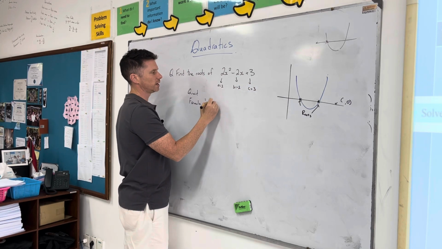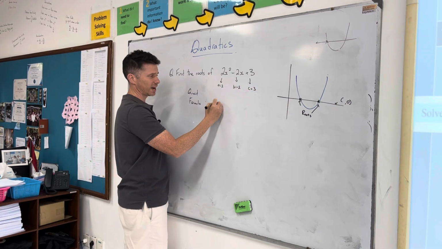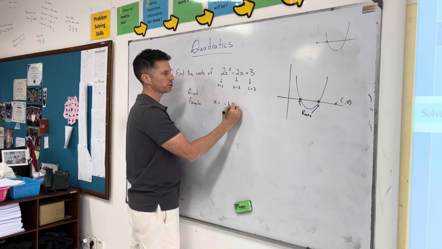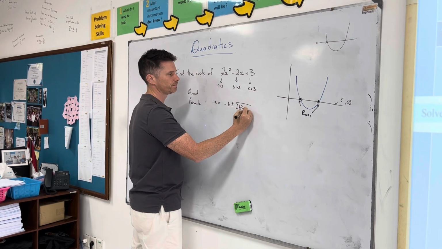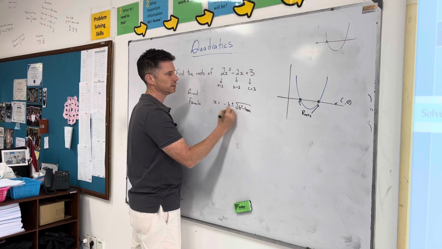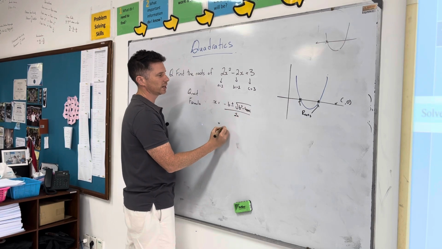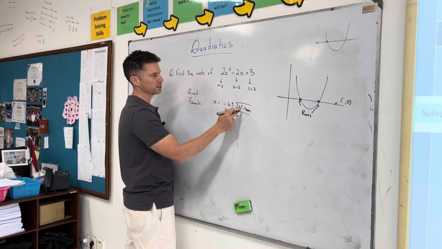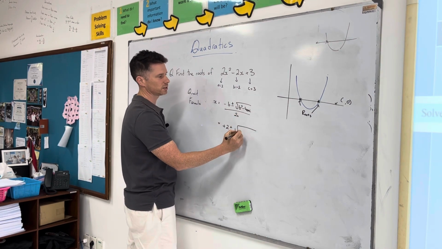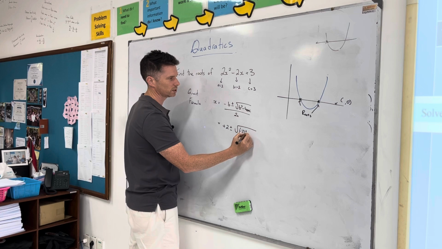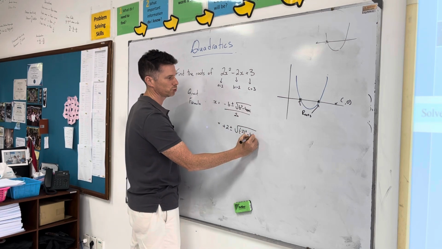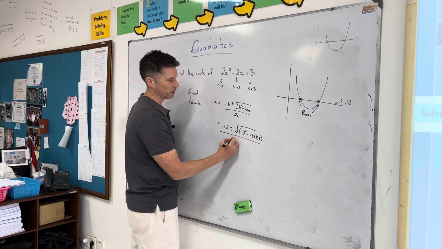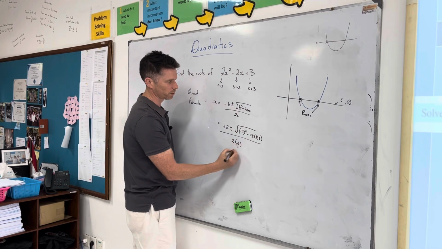So the answer will be minus b plus or minus the square root of b squared minus 4ac, all over 2a. When I calculate this, minus b is plus 2, plus or minus the square root of b squared, which is -2 squared, minus 4 times a, which is 2, times c, which is 3, all divided by twice a, which is 2. So it's just subbing into a formula.